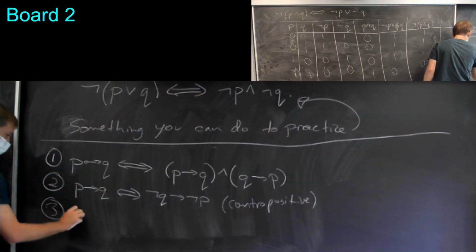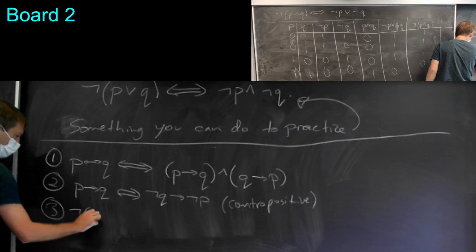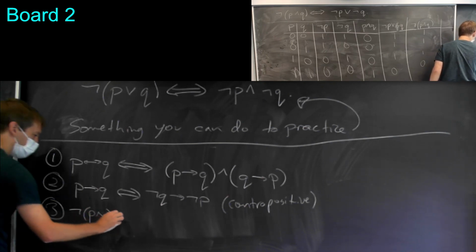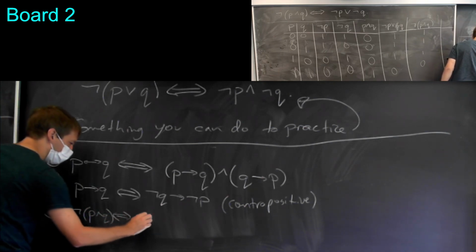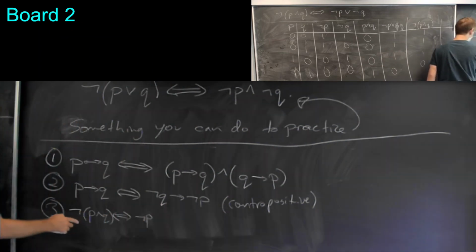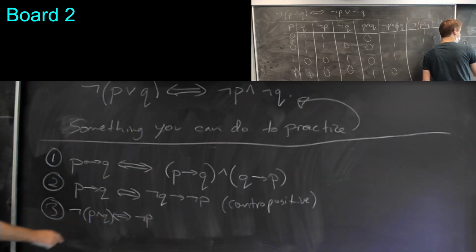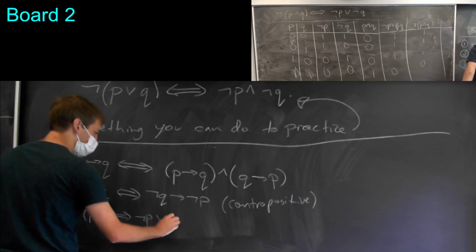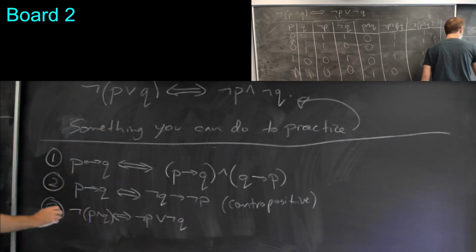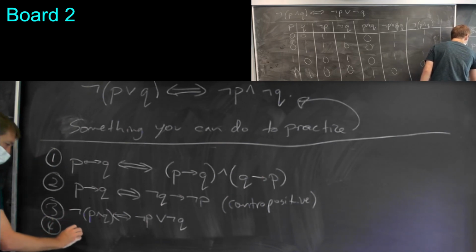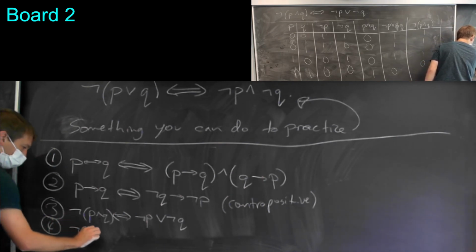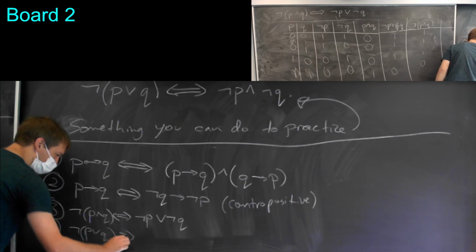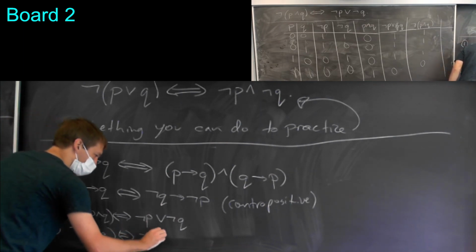And we had not (P and Q) if and only if not P or not Q. I wrote and, I said or, I think. And the fourth one was not (P or Q) is the same as not P and not Q.